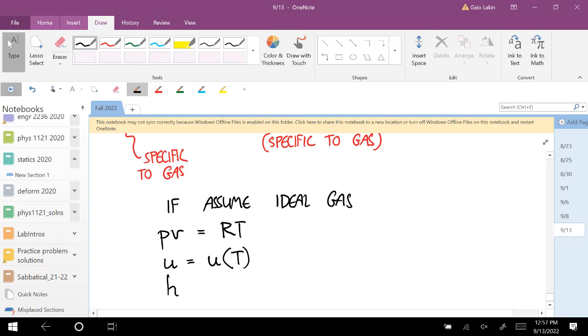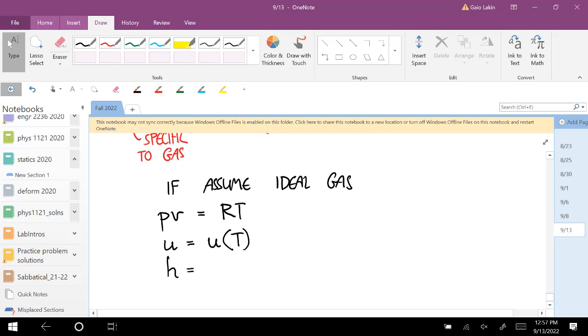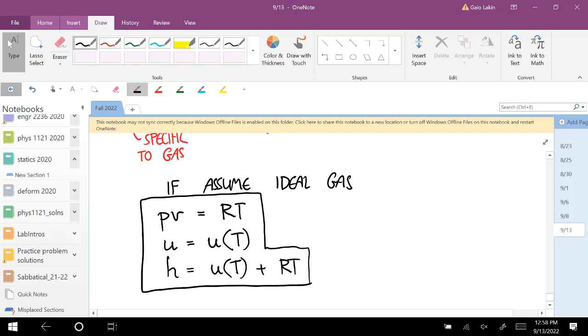The specific enthalpy is the specific internal energy plus RT. You can see that just straight from the ideal gas law, because the definition of specific enthalpy is the specific internal energy plus PV, and PV is equal to RT. Remember that these two R's are not universal.